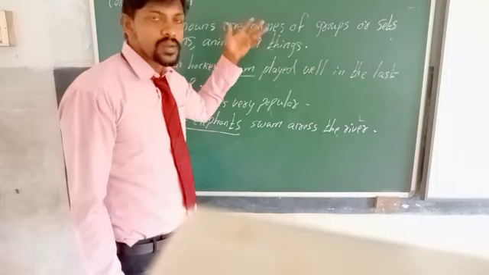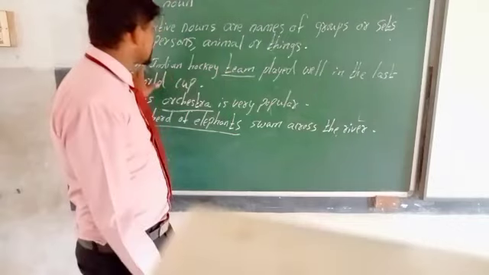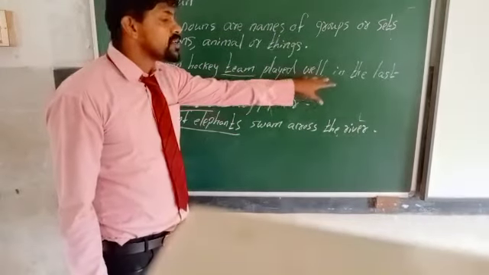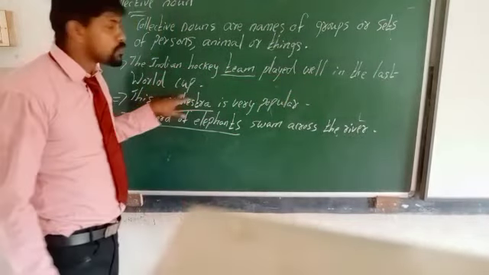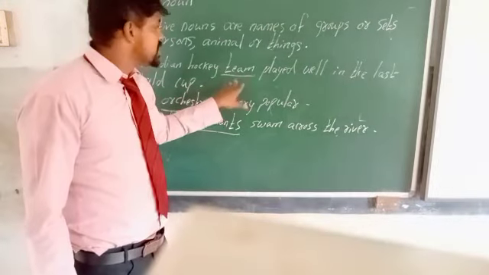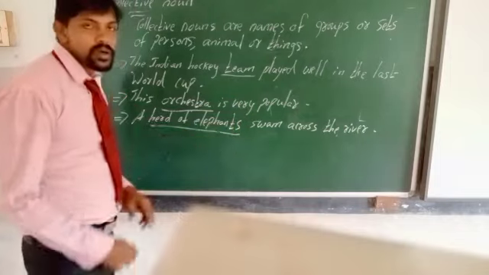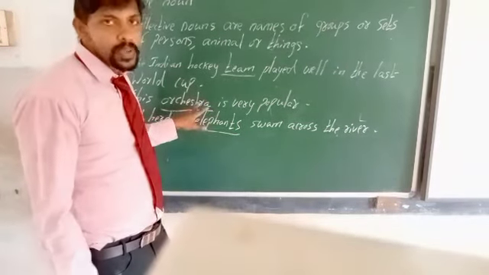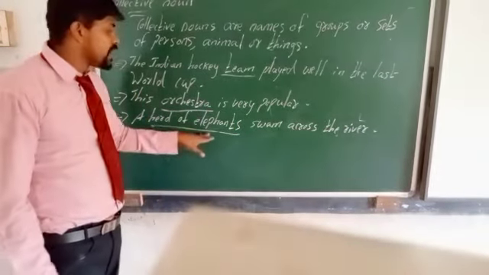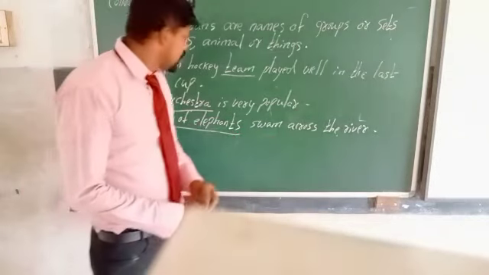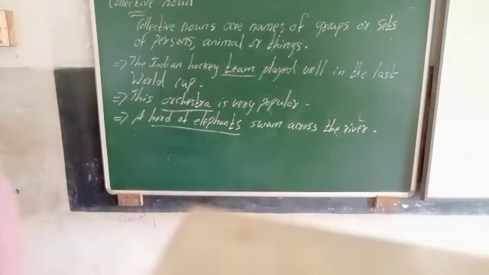Example: the Indian hockey team played well in the last World Cup; here the collective noun is team. This orchestra is very popular; orchestra is a group of people. A herd of elephants swam across the river; more than 5 or 10 elephants we call a herd of elephants.